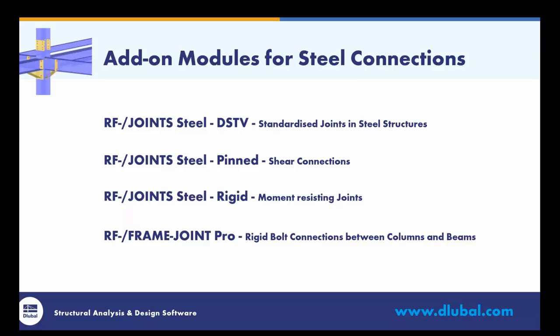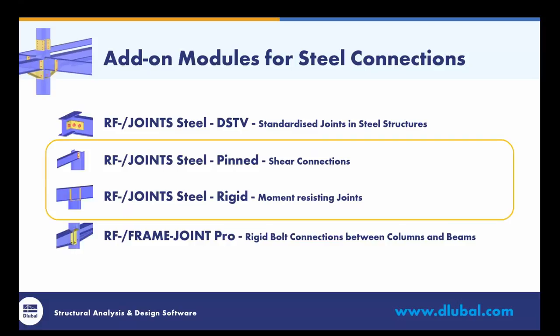And for the modules in the frame, I will do a design later on, although I will concentrate on the Joint Steel Rigid because this is the newest module of the joints family.